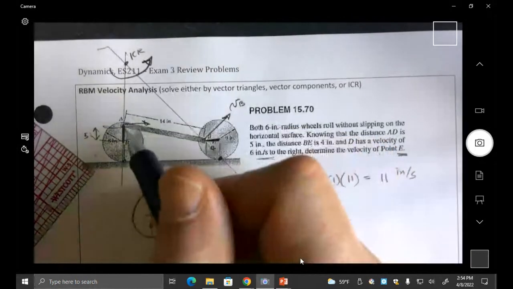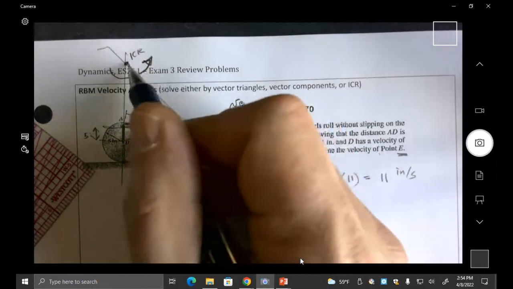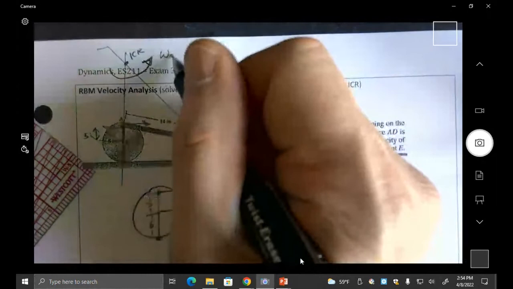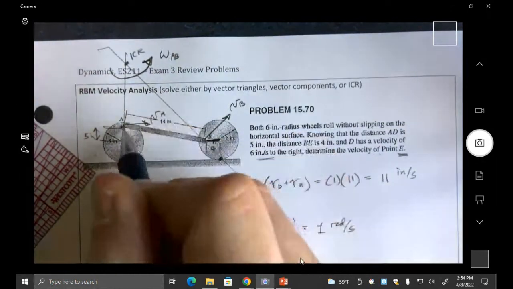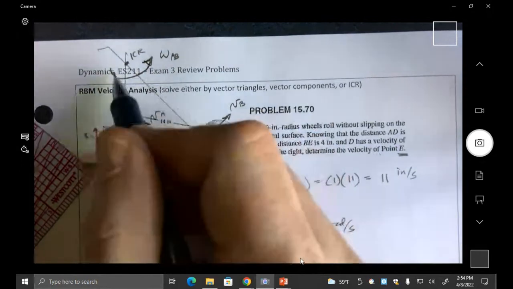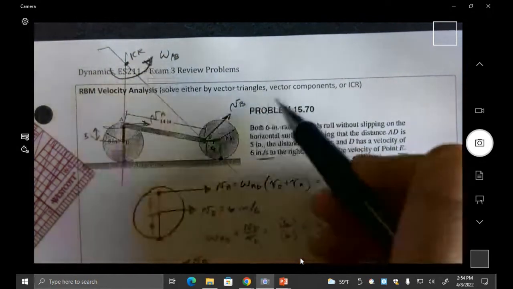All right, so first off, we want to establish this ICR. You're okay with that ICR? Yeah. Okay, so that's going to be the omega AB, because here's a velocity of A right here. And that velocity of A establishes that this thing must be rotating about the ICR in a counterclockwise direction.